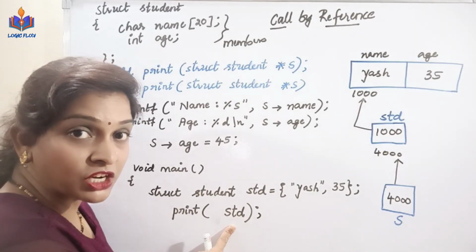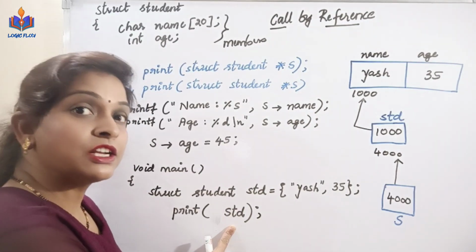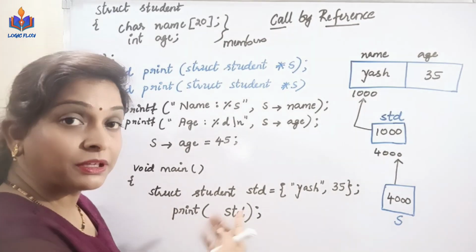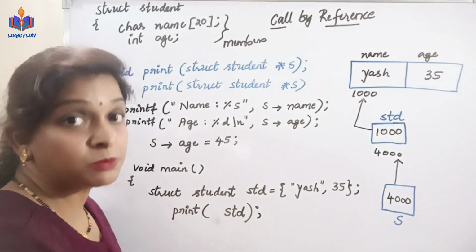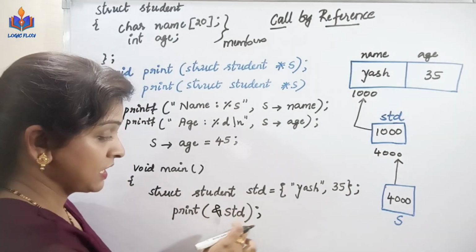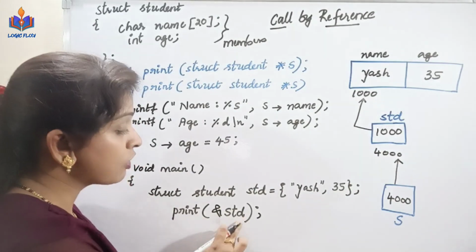Then when a copy of the structure is sent, I need to receive that with a new structure, which we have seen in structure and function with call by value method. But this is call by reference. Reference means address. I need to send the address, that is the ampersand operator. I need to send the address of std.